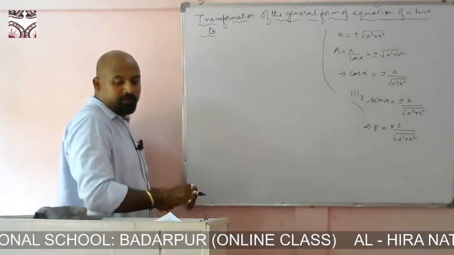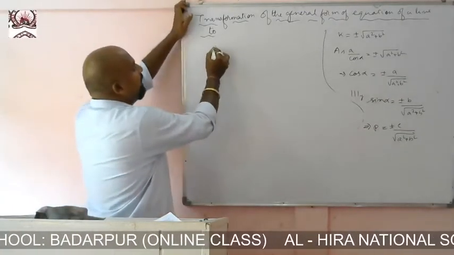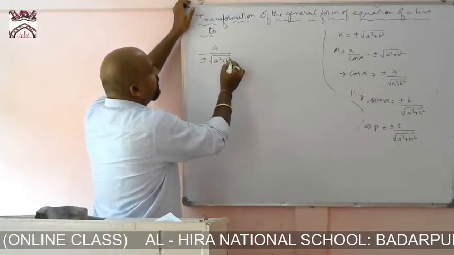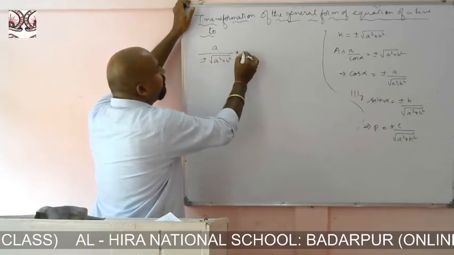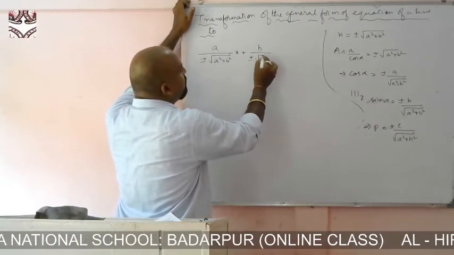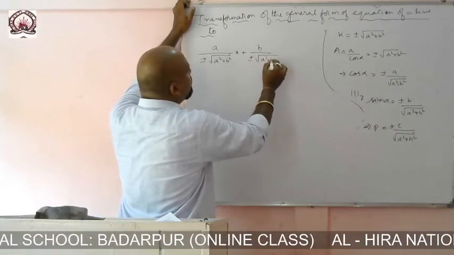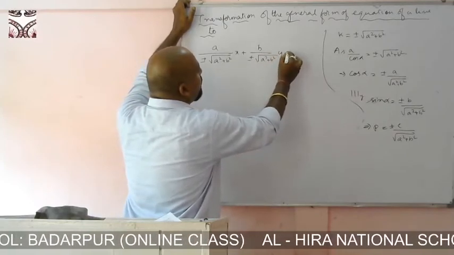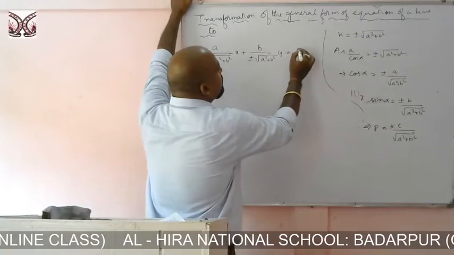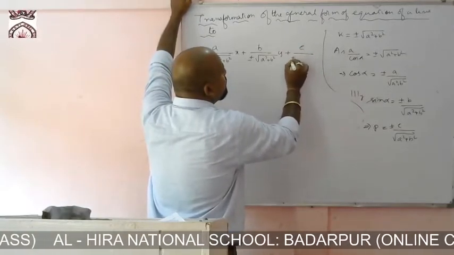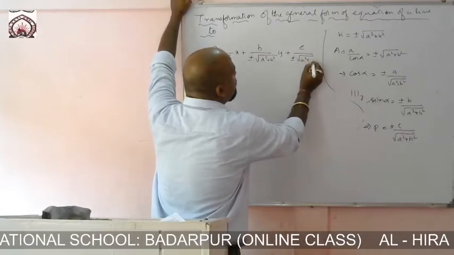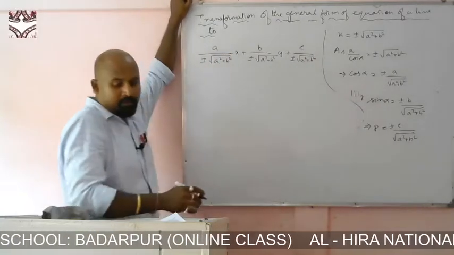So the equation will be A by plus minus root over of A square plus B square into X plus B by plus minus root over of A square plus B square into Y plus C by plus minus root over of A square plus B square.